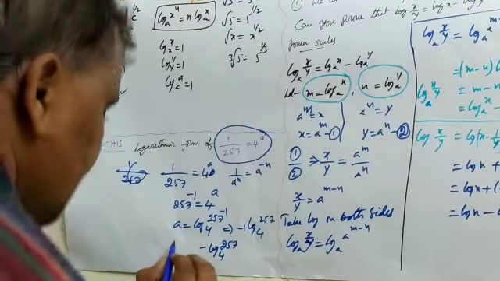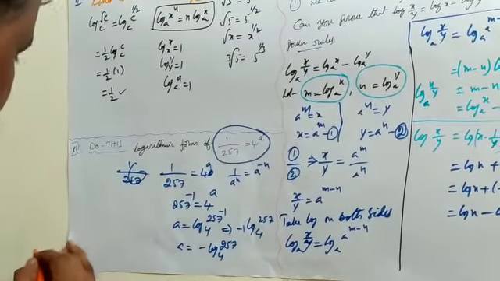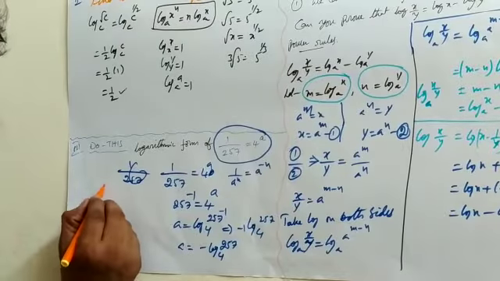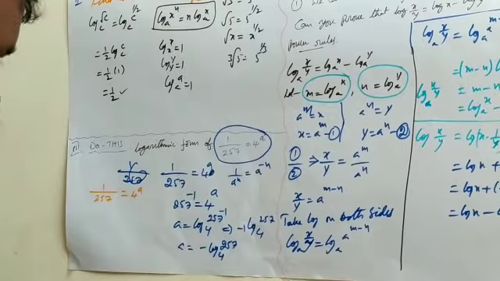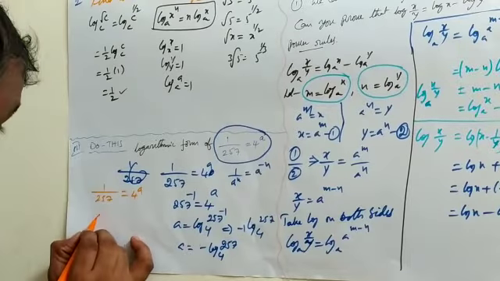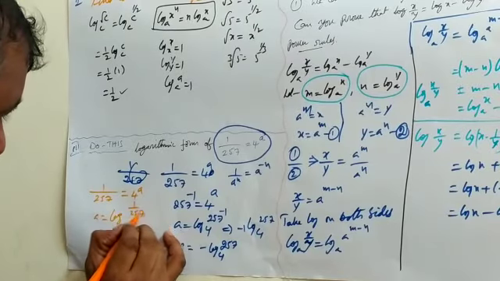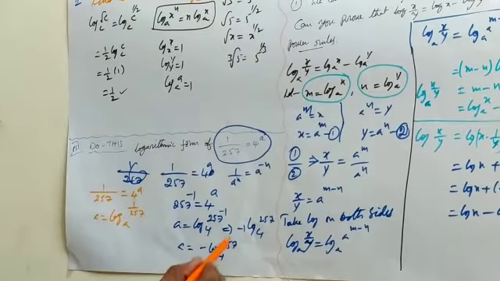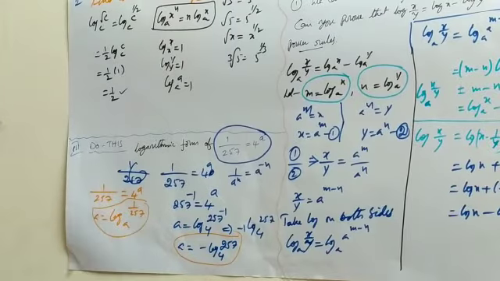So a is equal to minus log 257 base 4. One more answer is given: 1 by 257 is equal to 4 power a, and at the same time a is equal to log 1 by 257 base 4. This is the first answer, and this is the second answer.